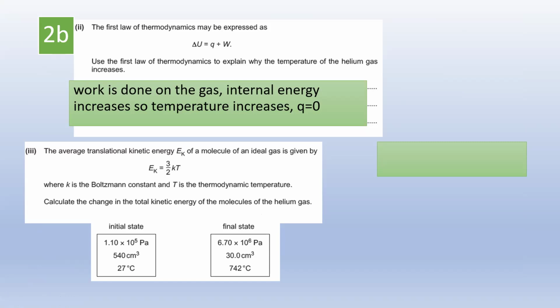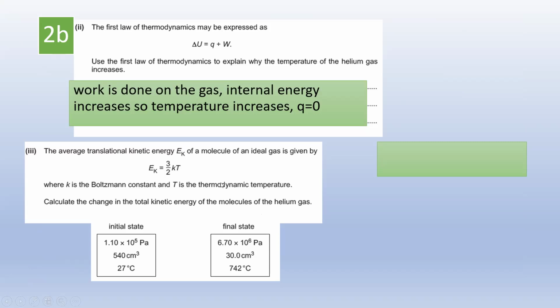The average translational kinetic energy of the molecule of an ideal gas is given by that. k is Boltzmann's constant, and T is the thermodynamic temperature. Calculate the change in total kinetic energy of the molecules of helium gas.